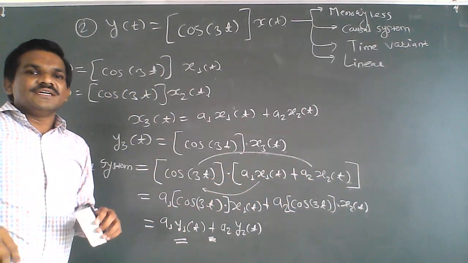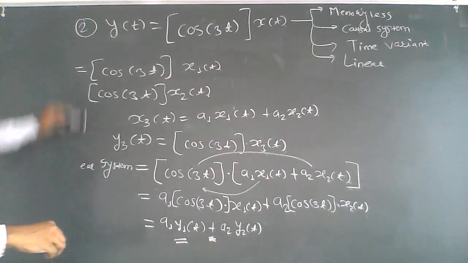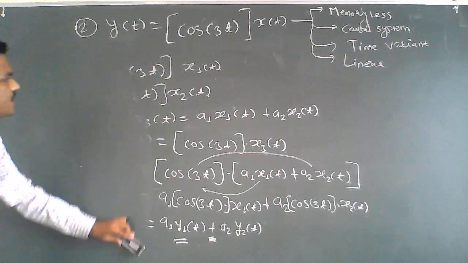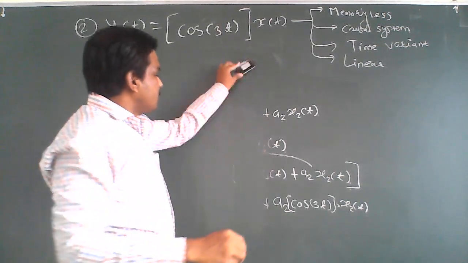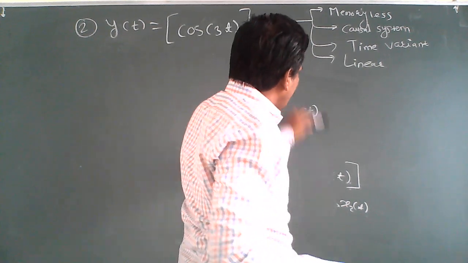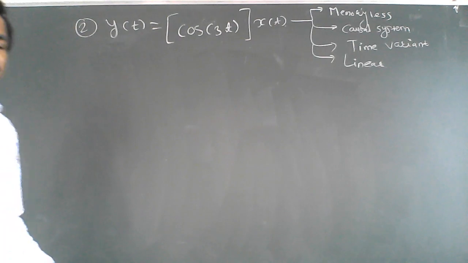The next property is the stability property. In order to check stability, if we provide a bounded input, we must get a bounded output. Then we call that system a BIBO stable system.